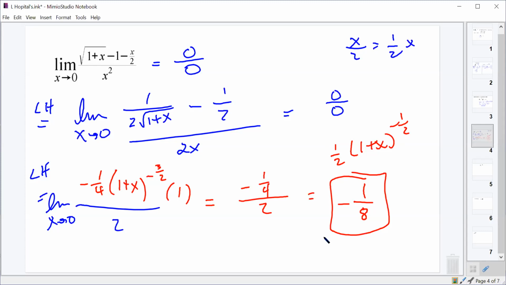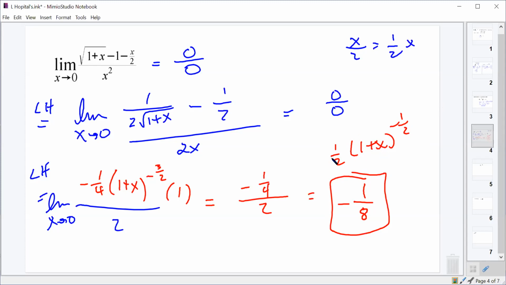Yeah, I rewrote it as 1/2 of 1 plus x to the negative 1/2 to make it easier to use the chain rule and the power rule on it. That's what the negative 1/4 times 1 plus x to the negative 3/2 times the 1 is. The 1 is the derivative of 1 plus x.